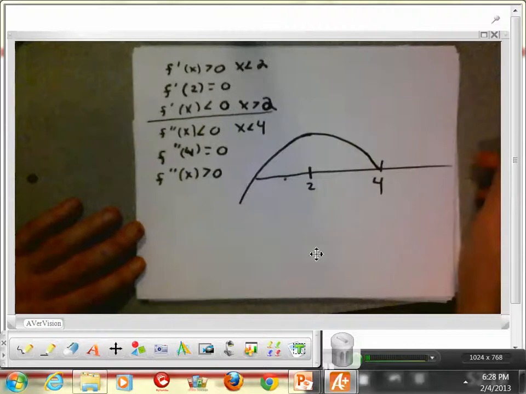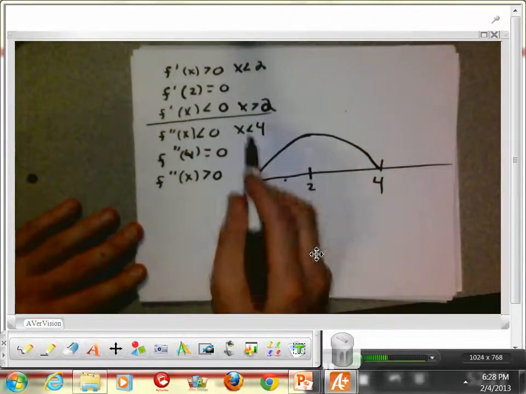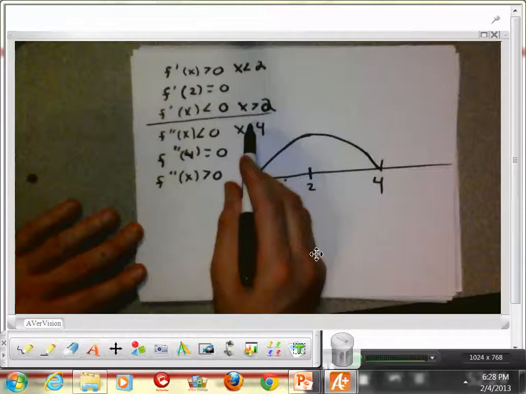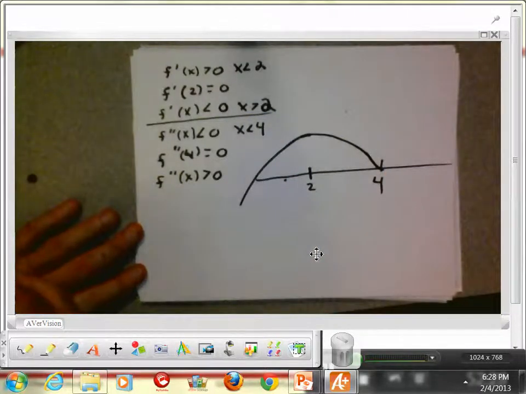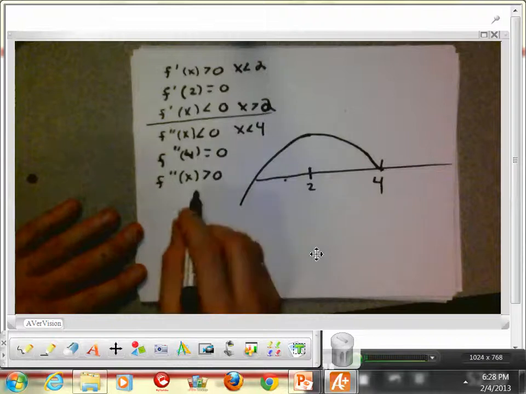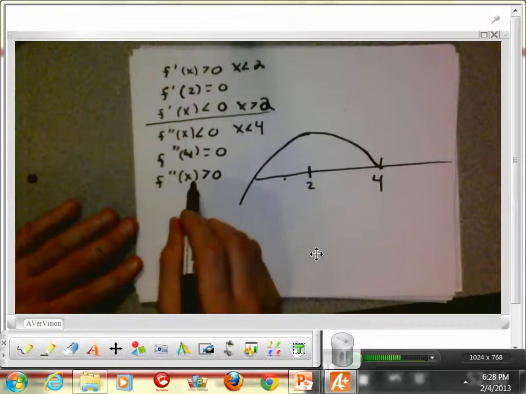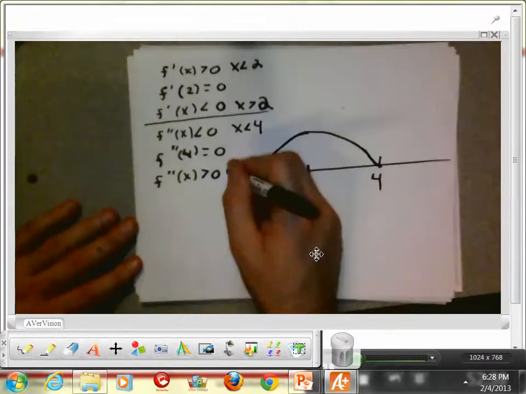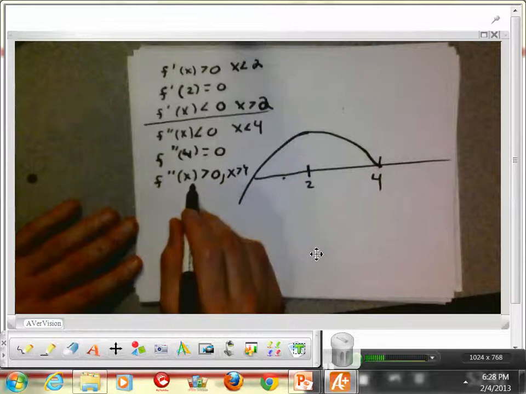Now, what's the second derivative at 4? 0. And what about when we're greater than 4? Well, when x is greater than 4, the second derivative is positive, so the function is concave up, so what does that mean?